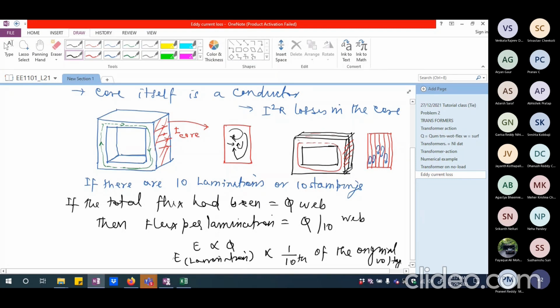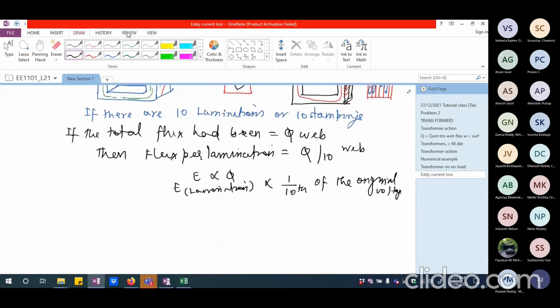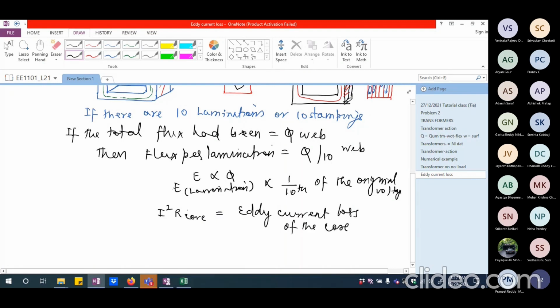And the second thing is, I am going to have essentially I square multiplied by the resistance offered by the lamination, or resistance of the core. This is going to be the I square R loss, or eddy current loss, of the core. Now, because I'm having the voltage to be 1/10, the current will also be 1/10.